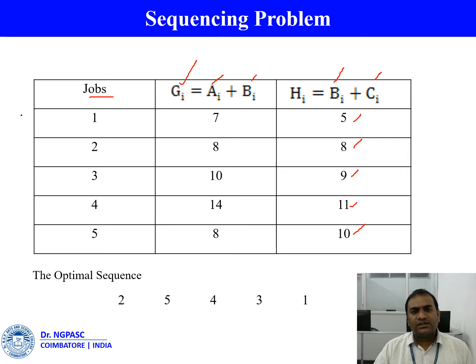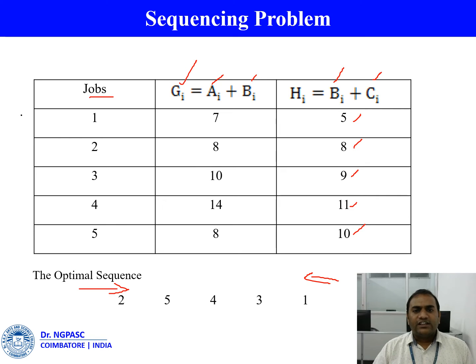Suppose the smallest processing time is in the first machine, we write the job from left to right. Suppose it is in the second machine, we write the job from right to left. So we use this order.